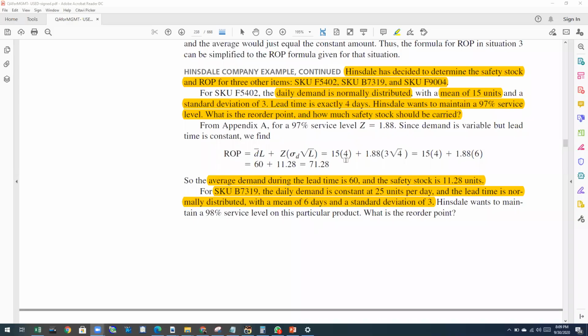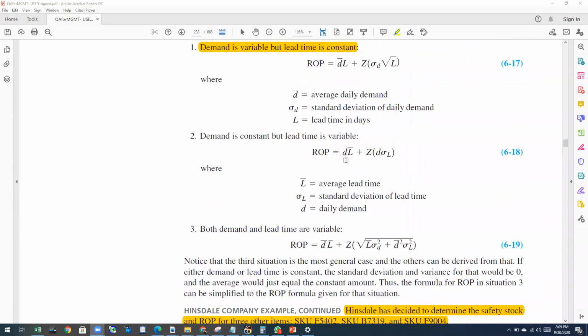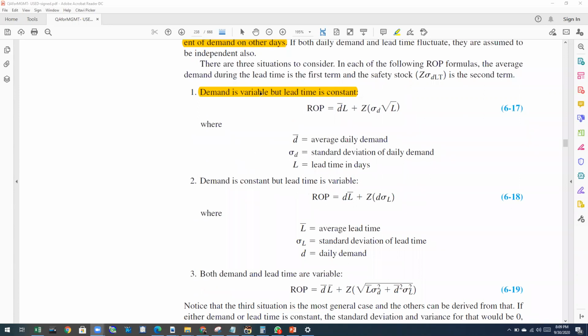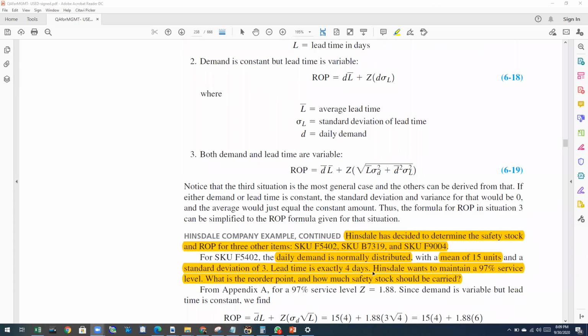So we will look at three examples in which these three conditions have to be used. The first one: Hinsdale has decided to determine the safety stock and reorder point for three other items, F5402, B7319, and 59004.